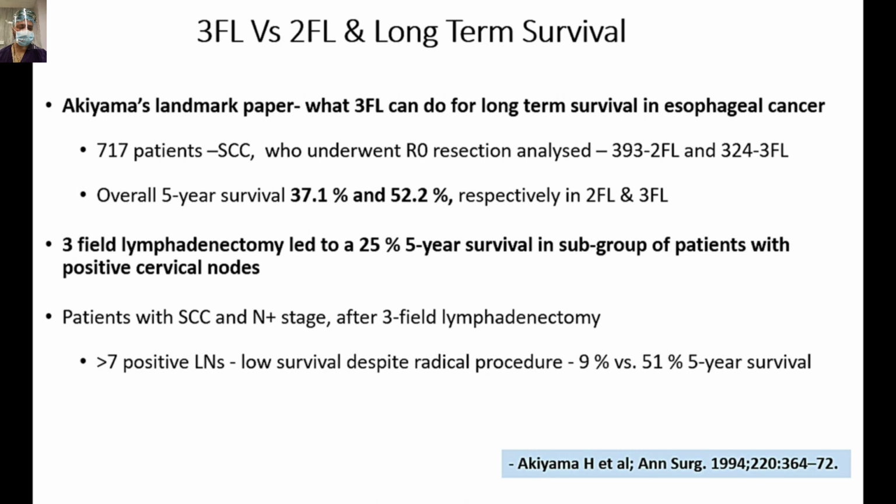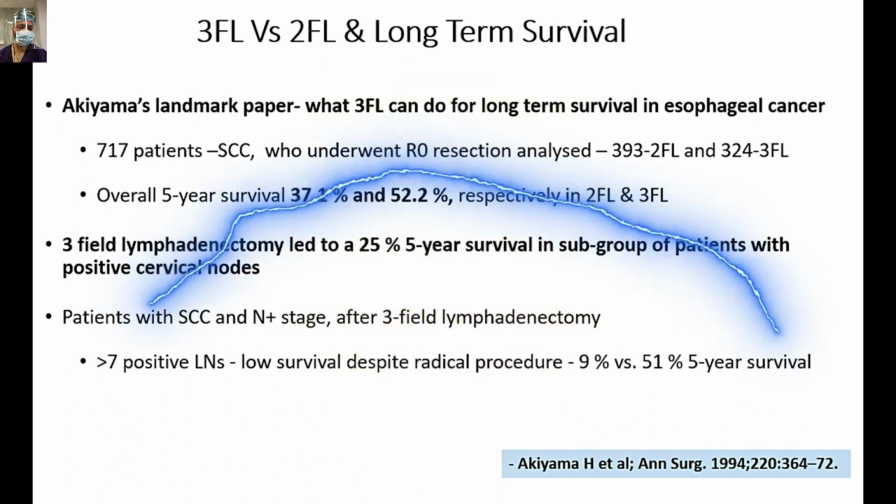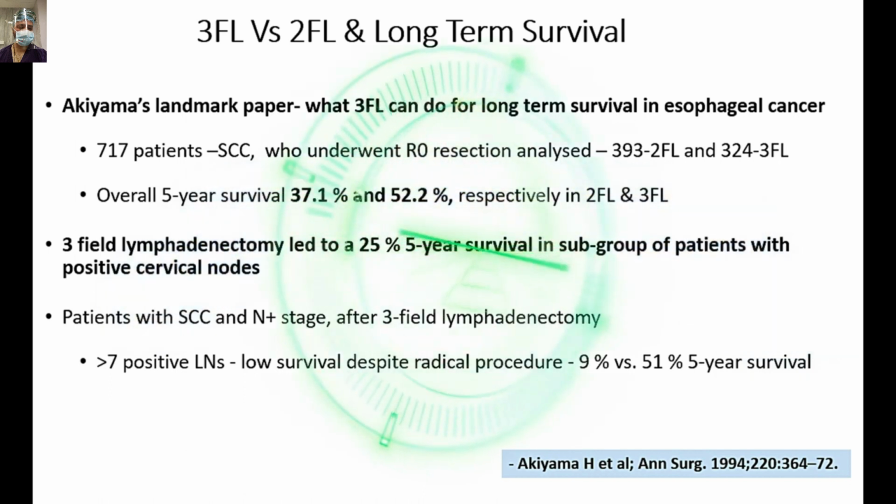Three-field and two-field lymphadenectomy and long-term survival. An important landmark paper by Akiyama et al. has shown what three-field lymphadenectomy can do for long-term survival in esophageal cancer patients. In this series, 717 patients of squamous cell carcinoma who underwent R0 resection were analyzed, and 393 underwent two-field and 324 underwent three-field.